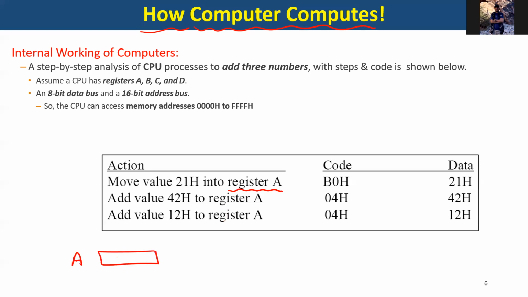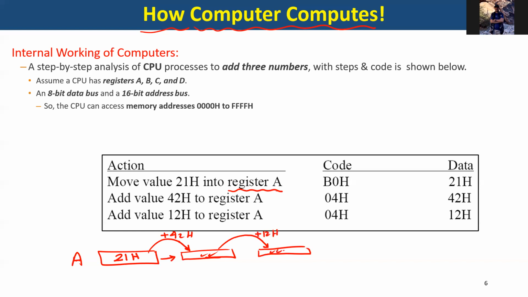We're gonna move to this register a value which is 21 hexadecimal. Then we're gonna add to this value 42 hexadecimal, in the same register. So this value will change, the 21 hexadecimal will change. Then we're gonna add again another value, which is 12 hexadecimal.